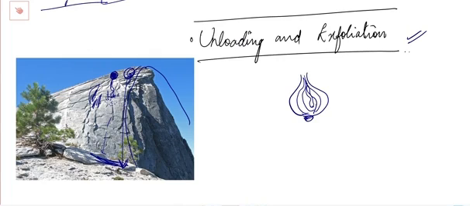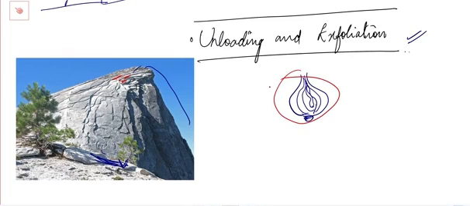Just give me a moment, and I will show you with greater clarity. So here we can understand that this is one layer, this is another layer, and this is another layer, as we see in an onion.